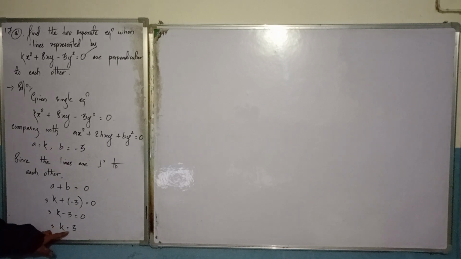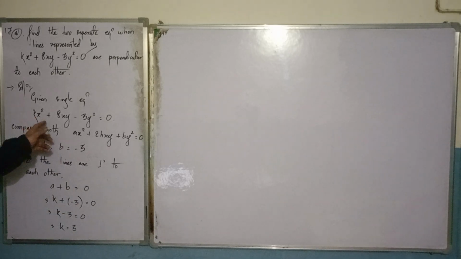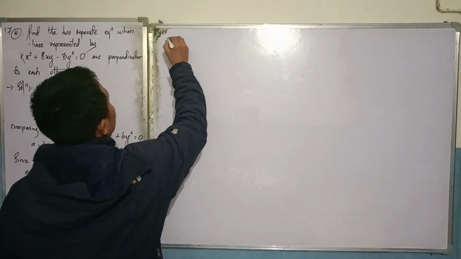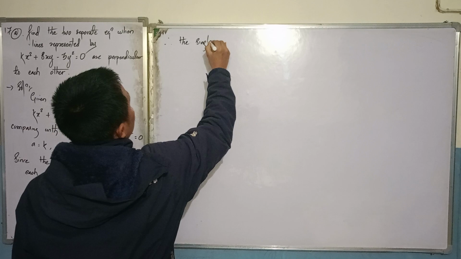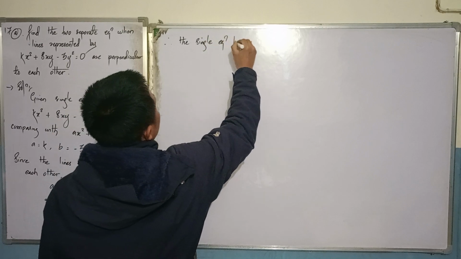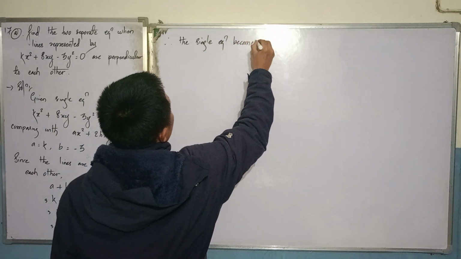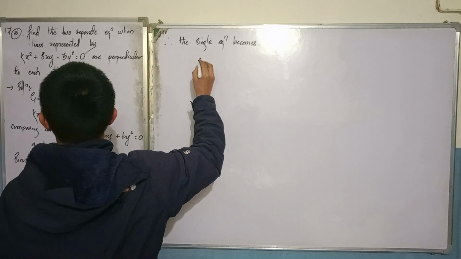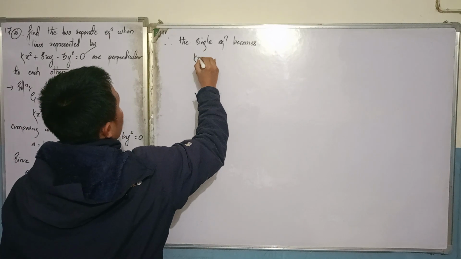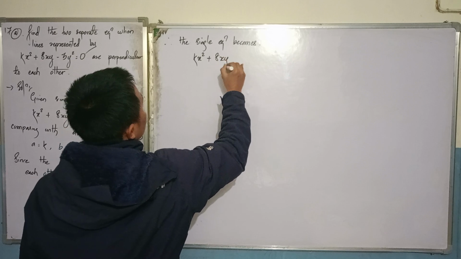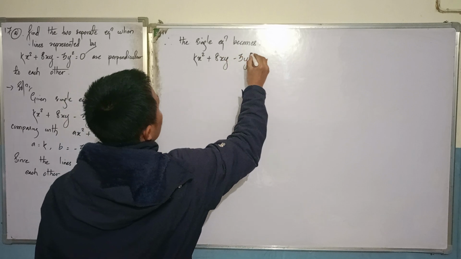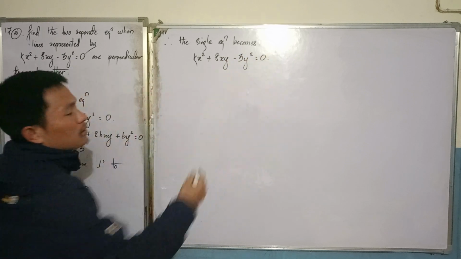Now replace the value of k back into the equation. Therefore the single equation becomes kx squared plus 8xy minus 3y squared equals 0. This is the single equation.